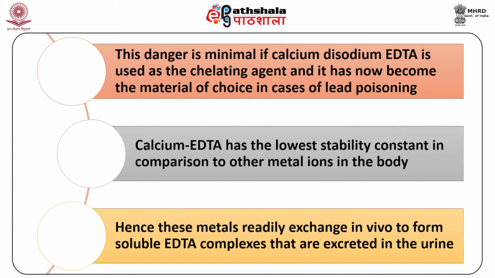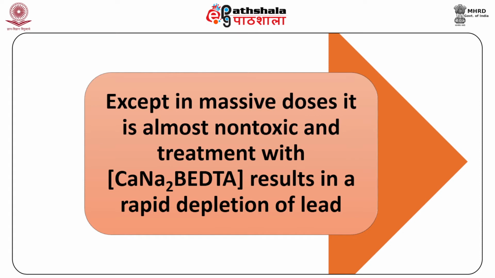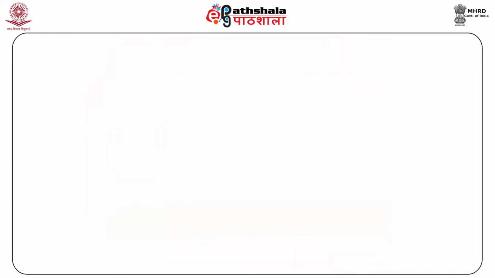Calcium EDTA has the lowest stability constant in comparison to the other metal ions in the body. Hence, these metals readily exchange in vivo to form soluble EDTA complexes that are excreted in the urine. Except in massive doses, it is almost non-toxic, and treatment with calcium disodium EDTA results in rapid depletion of lead.